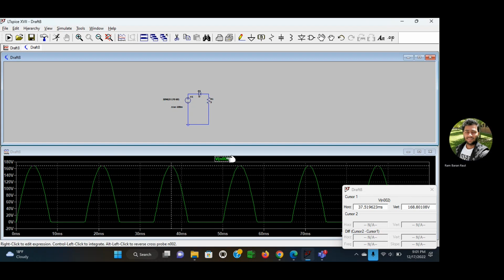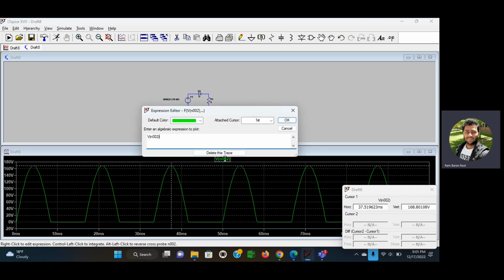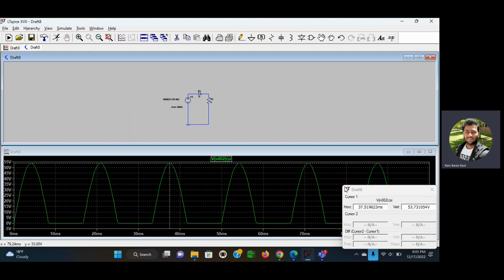Oh, not this one. We need to divide this with 5. And then we get 53.73. Then this is the peak output. Then we need to divide by root 2.